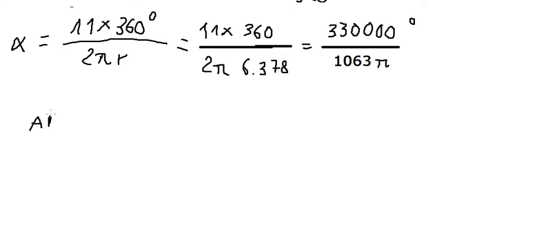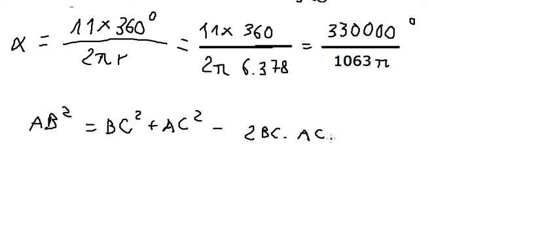So AB squared equals BC squared plus AC squared minus 2 BC multiplied by AC multiplied by cosine alpha.